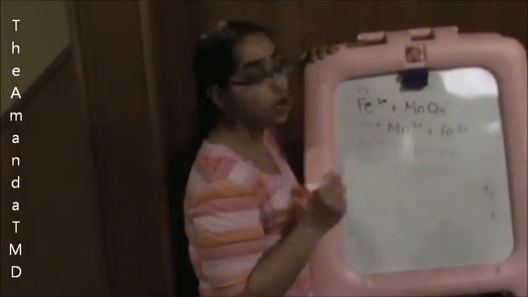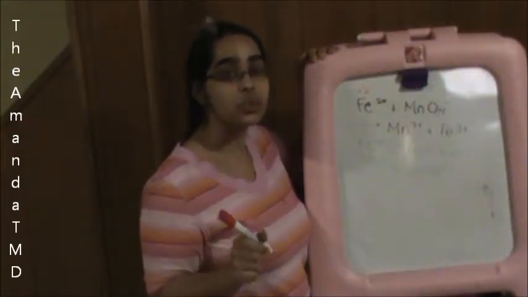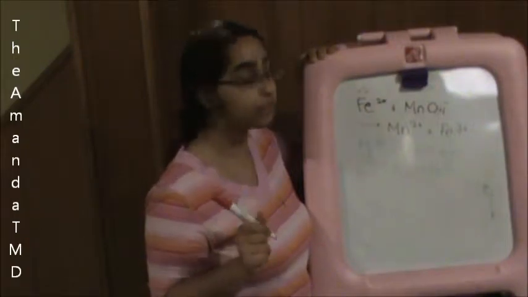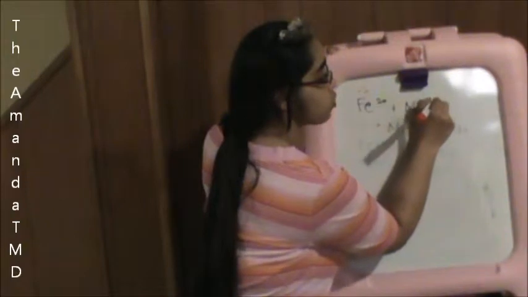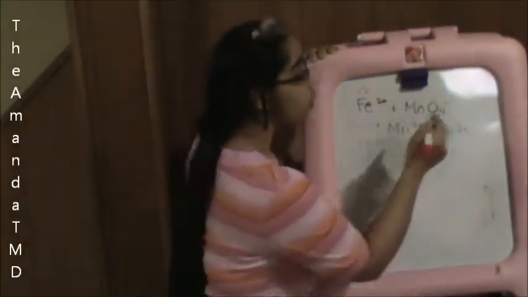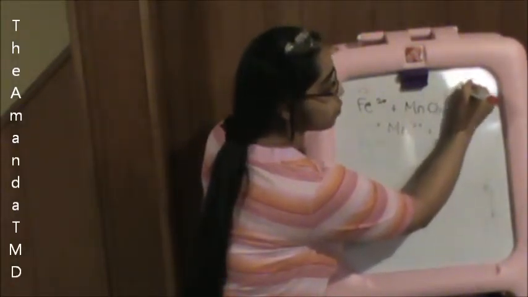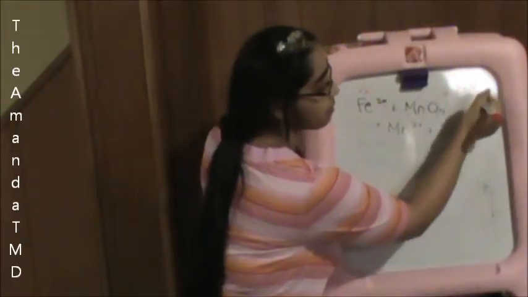Oxygen always has a -2 charge, unless it's in a peroxide or in a compound with chlorine. Since I have 4 oxygens, my total oxidation for oxygen is -2 times 4, which is -8.